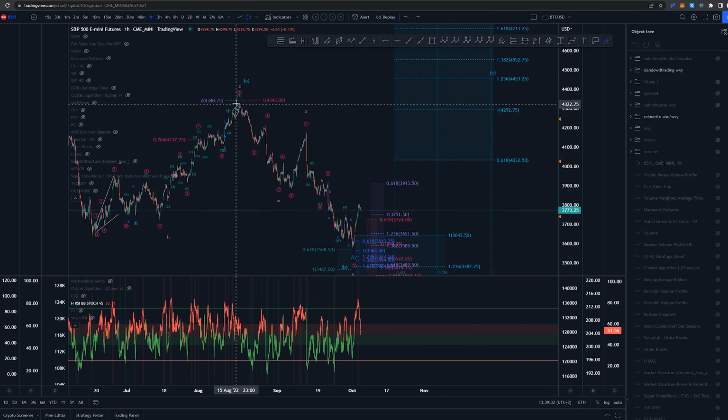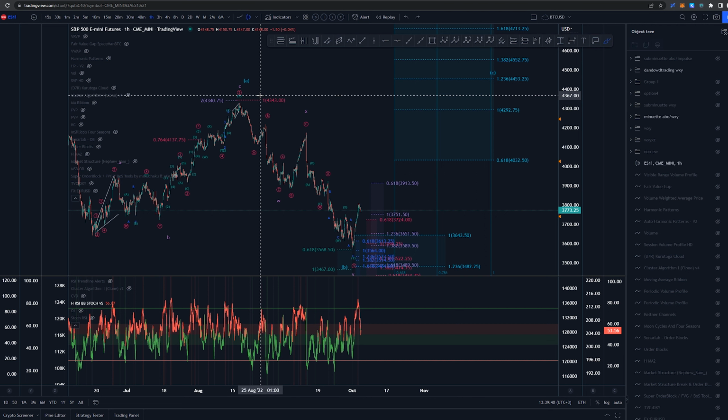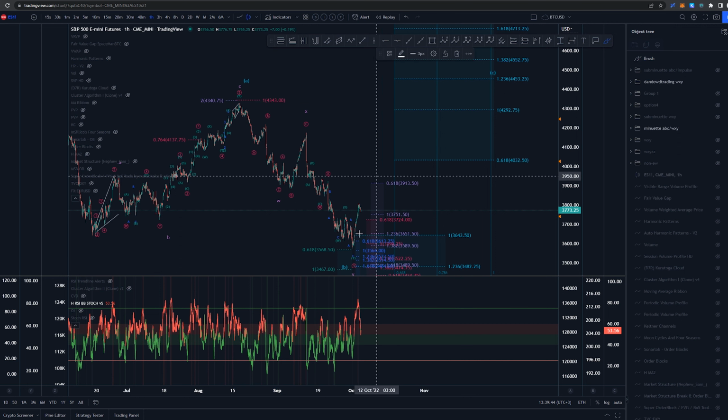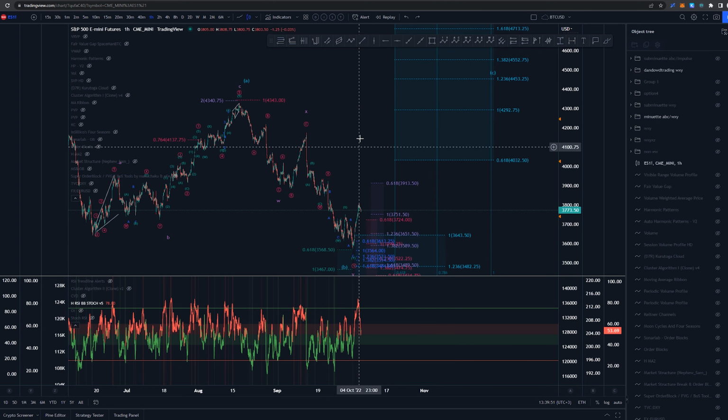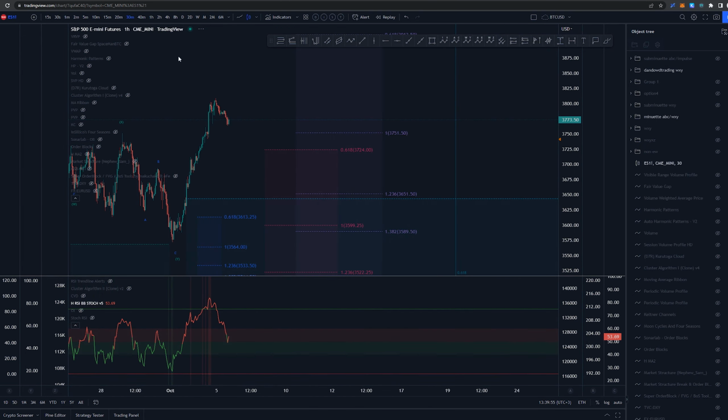It is more common to have expanded flats than a running flat, in which the price does not reach the top of a wave. And yeah, expanded flats are more common, so expecting at least taking out these highs. For that scenario, we can't break the lows that we have established here, so we could be looking at some kind of long play here.